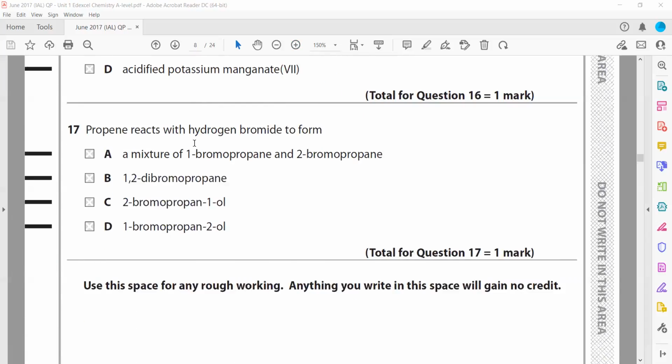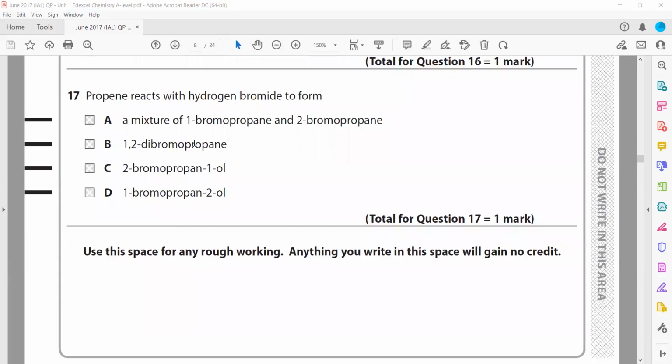Propene reacts with hydrogen bromide to form a mixture of 1-bromo and 2-bromo products. So propene is there. There will be a major and a minor product, because propene, prop meaning 3 carbons, has a double bond at the first carbon.